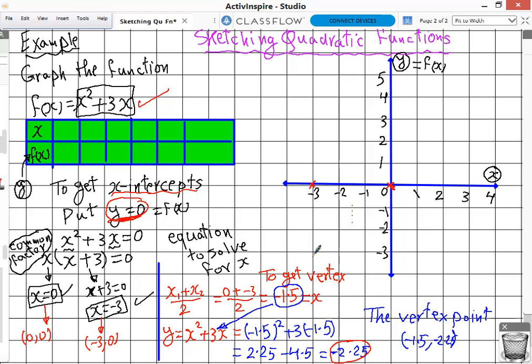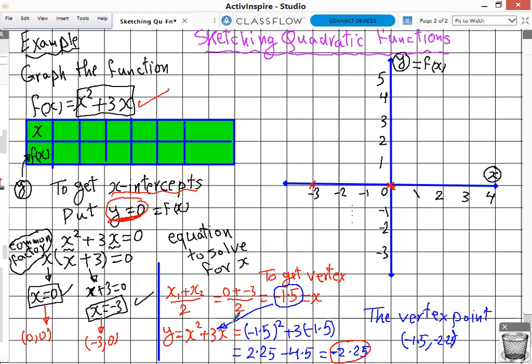Now, you will take the sum of the values of the two x's divided by 2. You will get the value of x. Return again to your function to get the value of y, because any point on the coordinates must be x and y, horizontal and vertical.